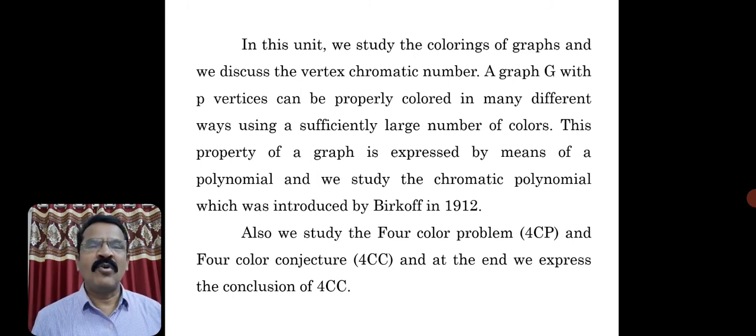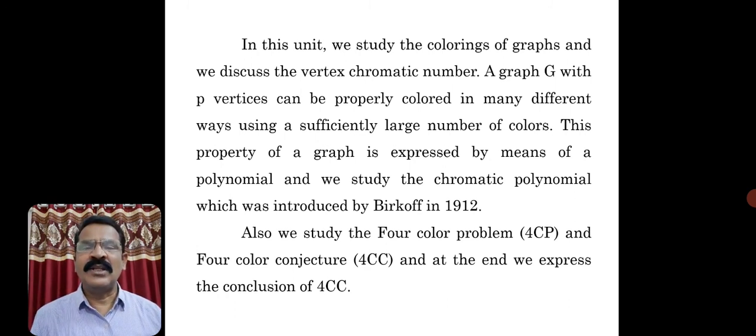And at the end we express the conclusion of 4CC. So what is the four color problem? What is the four color conjecture? Why is it called a conjecture rather than a theorem? We will discuss all this in detail, about colorability.